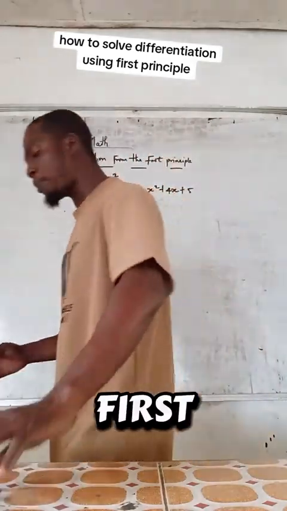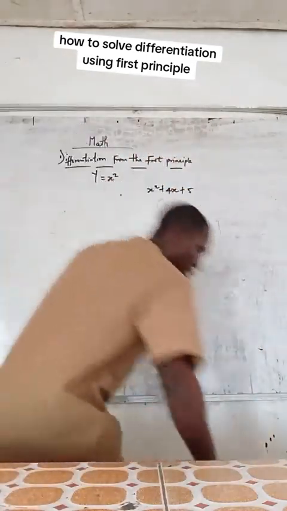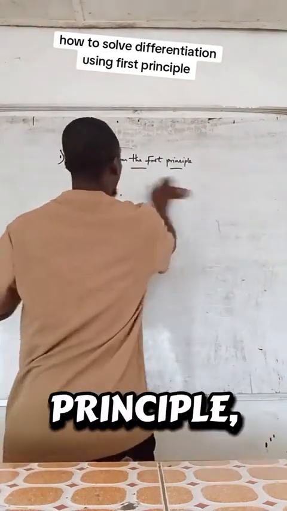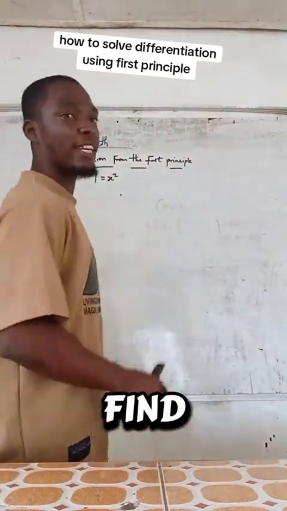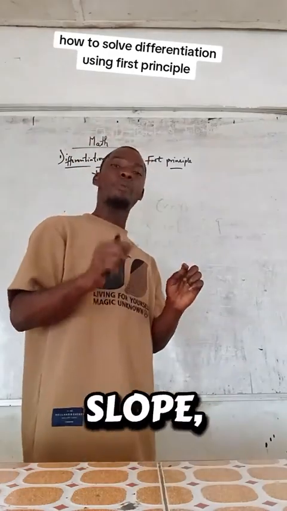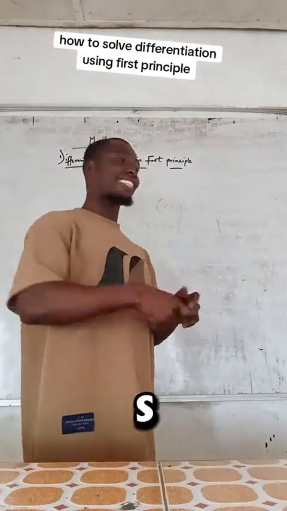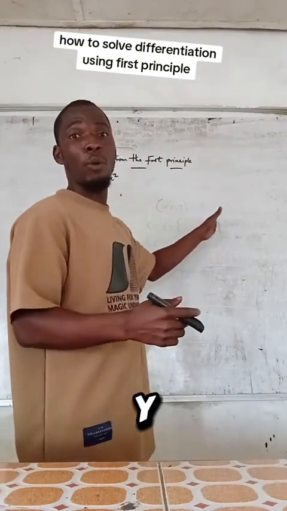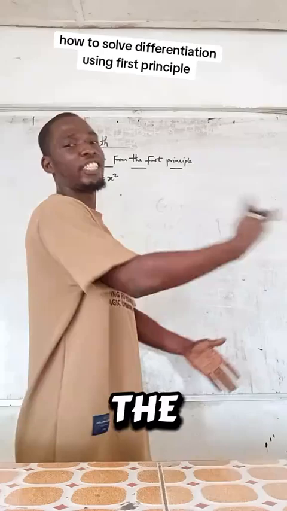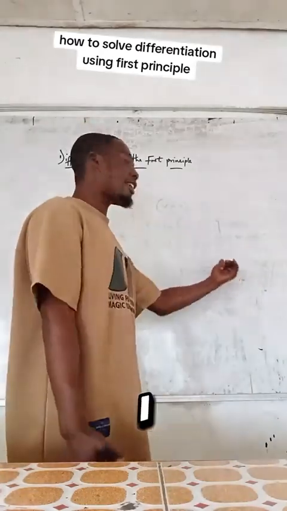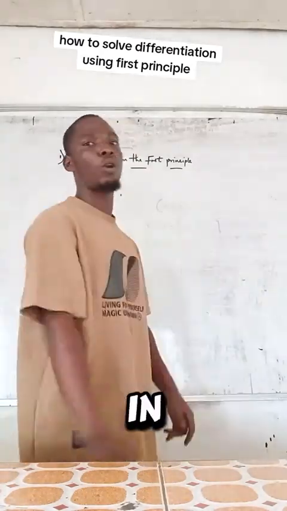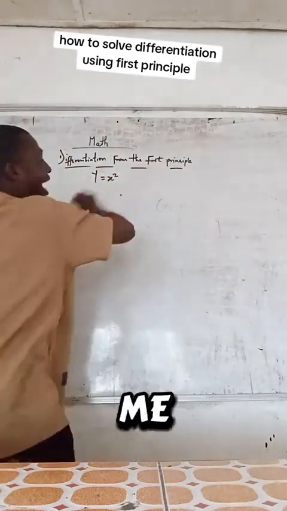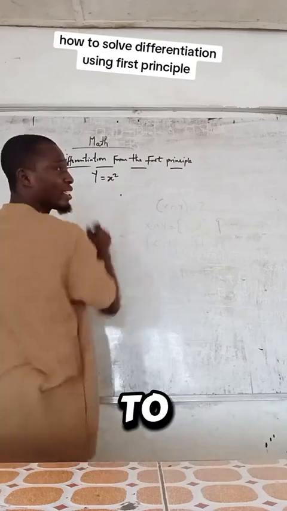Now under the first principle, don't forget that I am asked to find the slope. For me to find my slope, it is the change in y and the change in x. Y2 minus y1 is the difference in y, and x2 minus x1 is the difference in x. So let me add the difference to this y and the difference to this x.